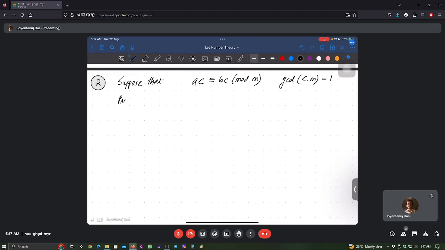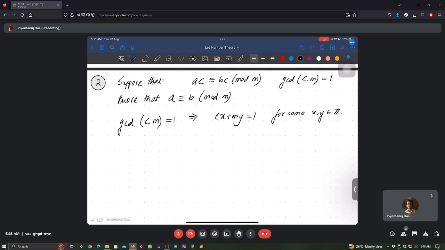Then prove that A is congruent to B mod M. Since the GCD of C and M is 1, this implies CX plus MY equals 1 for some integers X and Y.